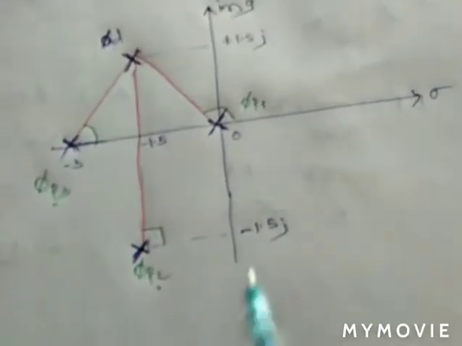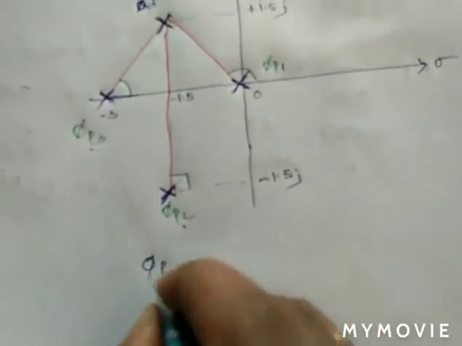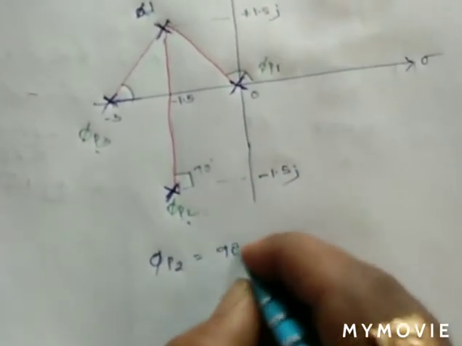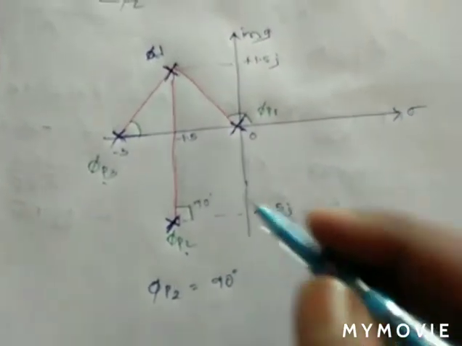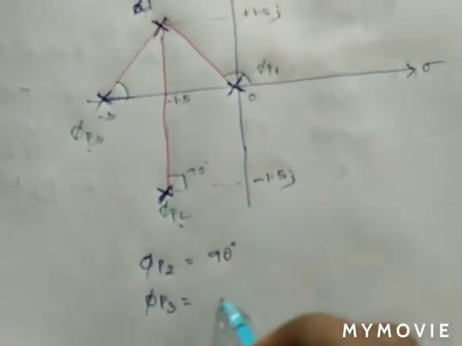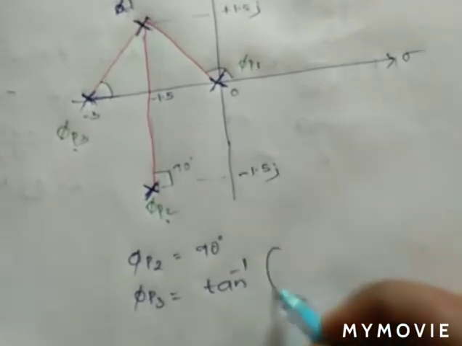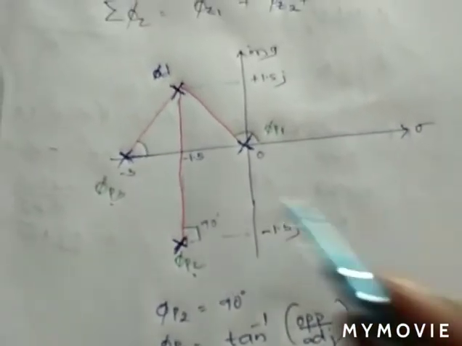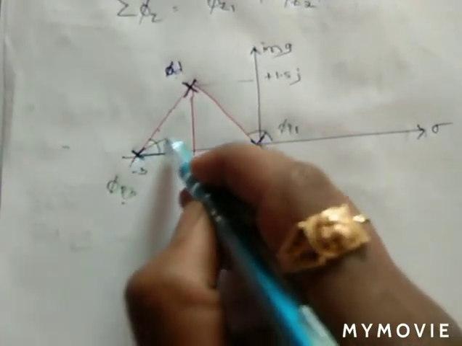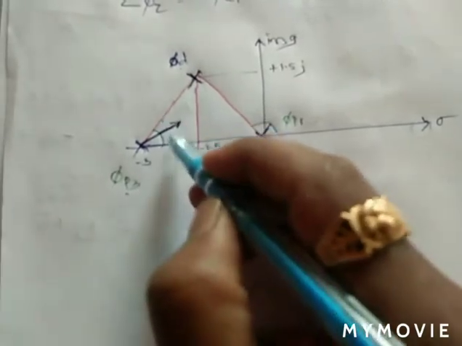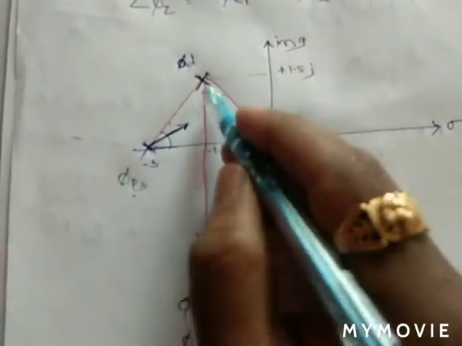Now you can see phi p2 directly, we come to know that it is 90 degrees. Similarly, in order to find phi p3, the formula is tan inverse of opposite by adjacent. In between these two lines we need to find the angle. In the middle we draw one line which shows the opposite.